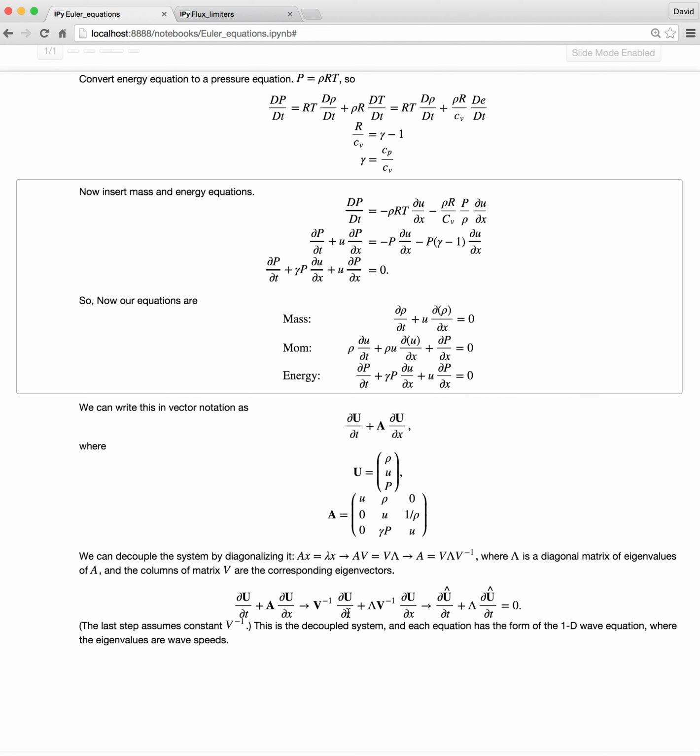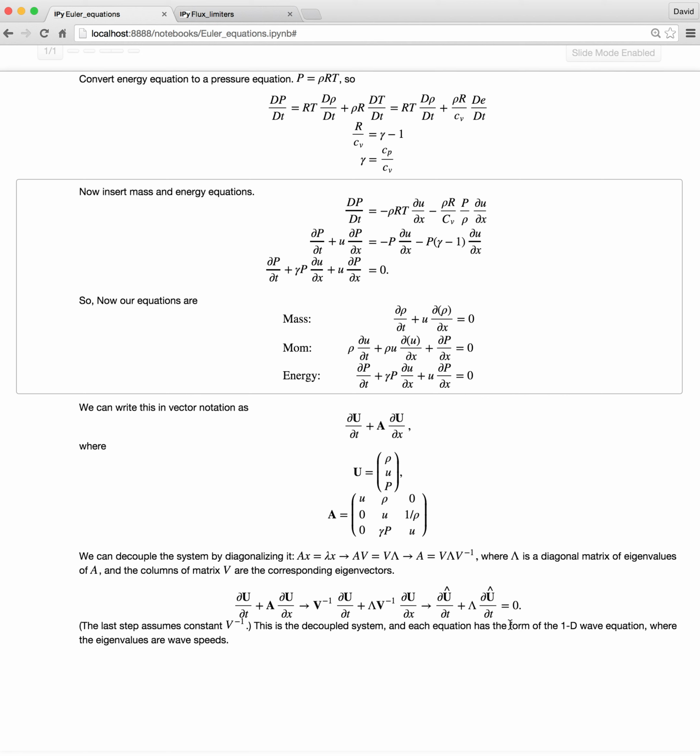If we assume, for argument's sake, that the V matrix is a constant, then we can pull it inside the derivative, and we can see the decoupled system looks identical to our 1D wave equation. So we have, for instance, for the first component of u hat, d u hat 1 dt plus lambda 1 times d u hat 1 dx, that should be an x there, equals 0. And it's basically a system of three uncoupled one-dimensional wave equations, which we're used to analyzing.